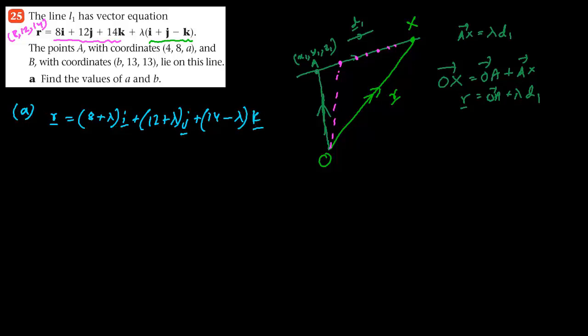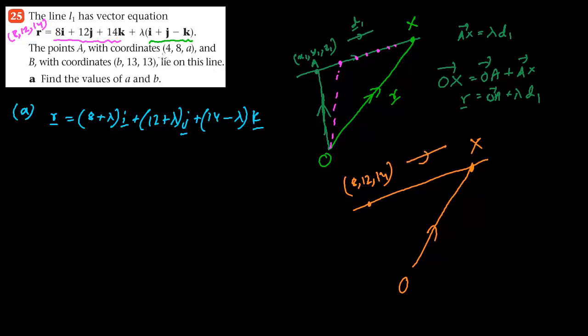What this means basically is that we have a line where this is the position vector, suppose OX, and this line passes through the point (8, 12, 14), and it is parallel to a line whose direction vector is i plus j minus k. Let me call this point W. So the position of W would depend on this direction vector multiplied by some constant. So we will know how long this line actually is.